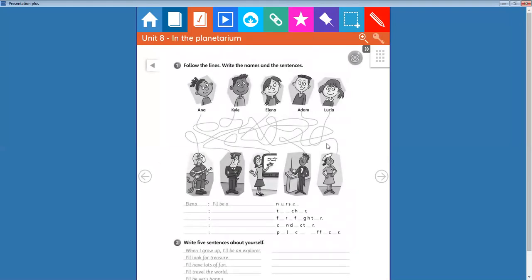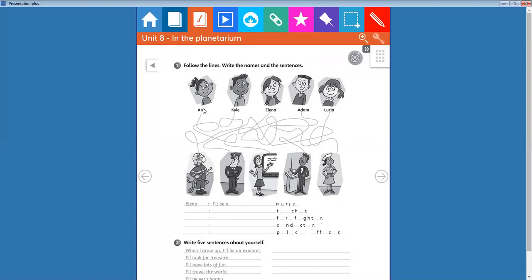grammar. So here we have 5 children, and here let's call them 5 jobs. Okay, 5 future jobs. For example, one of them wants to be a teacher, the other one wants to be a firefighter, one wants to be a nurse. Okay, and this is just an example.